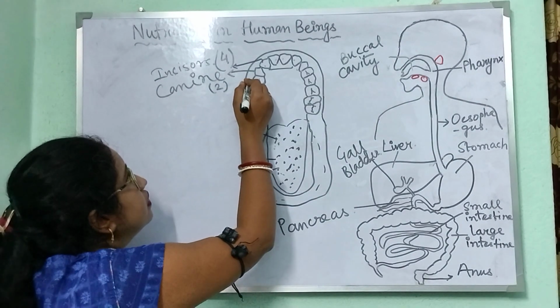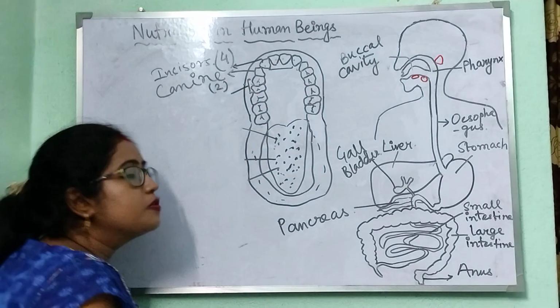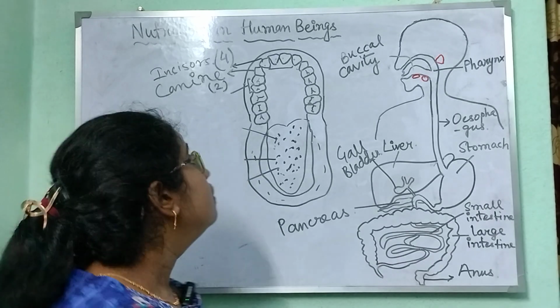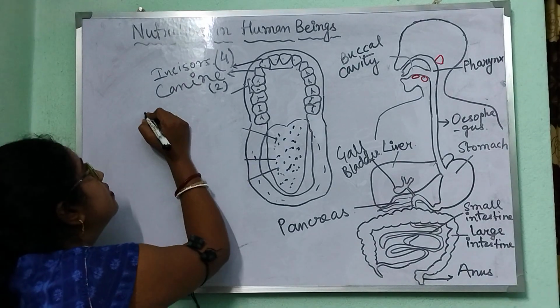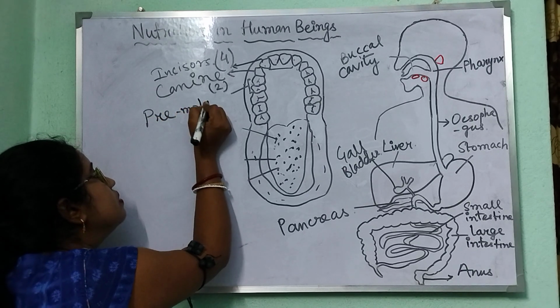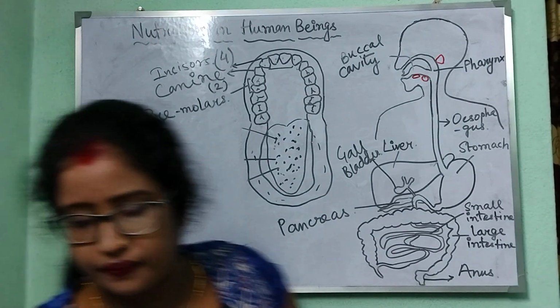After that, we have two cusp-like teeth structures. These are known as premolars or premolar teeth.